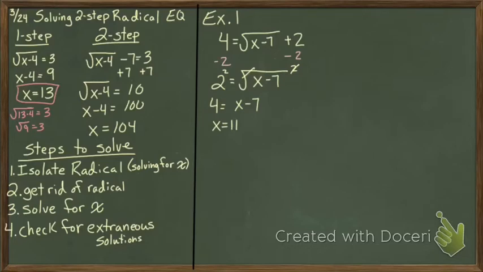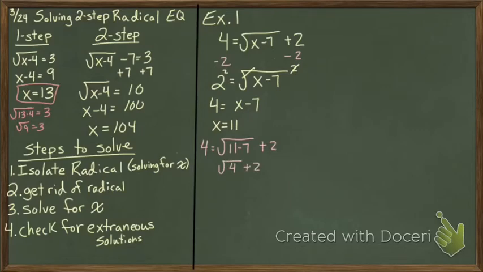Whenever I have that, I want to plug 11 back up into the original equation to make sure that that is what it gives me, that solution works within that problem. So I'd have 11 minus 7, which is 4.